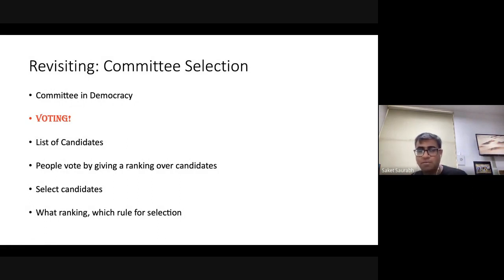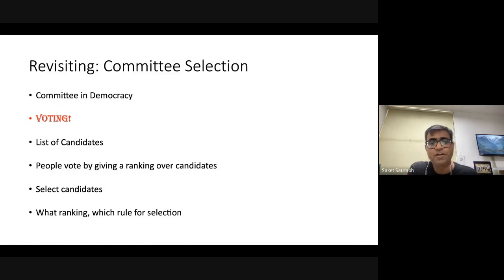So we have to think about which rule for selection. How do I decide five people, or even how do I decide a winner? Is the winner the one who got the most first choice votes? But maybe there are two people whose first choice votes are the same. Then should I go to the second choice votes? How many people prefer them as second, and so on and so forth.